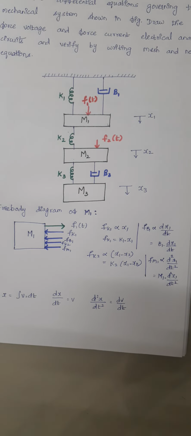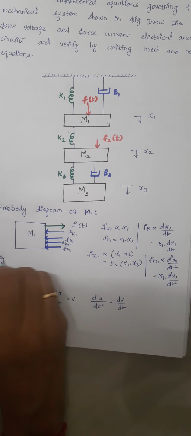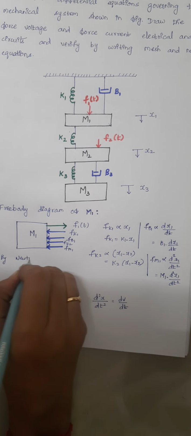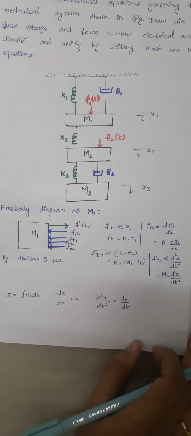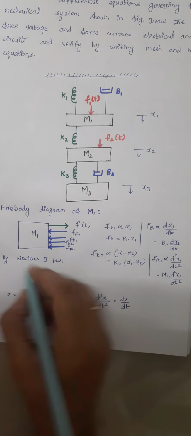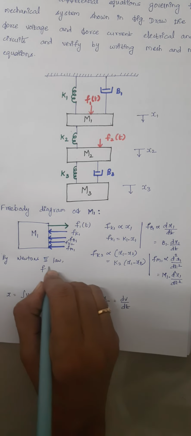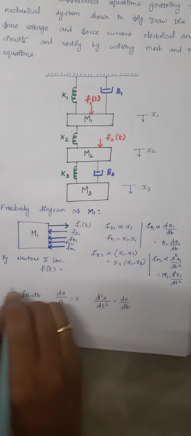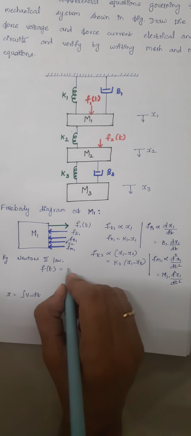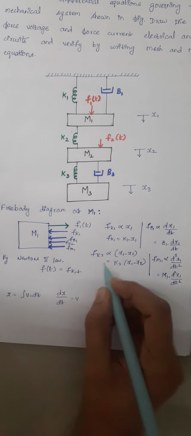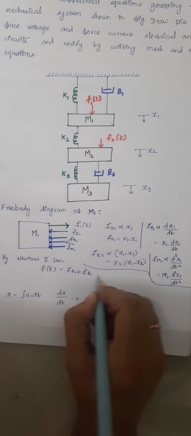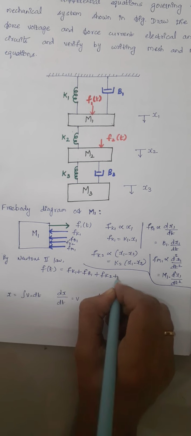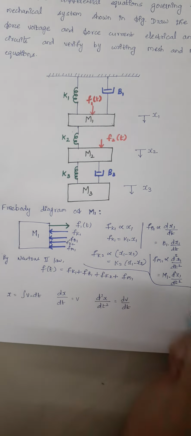Right. Now by Newton's second law, force is expressed as mass into acceleration, right? So by Newton's second law, the applied force F of t is equal to the opposing forces. Here the opposing forces are Fk1 plus Fb1 plus Fk2 plus Fm1, right?